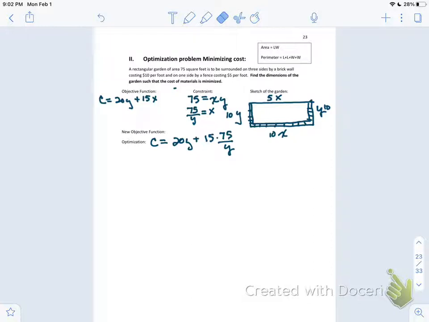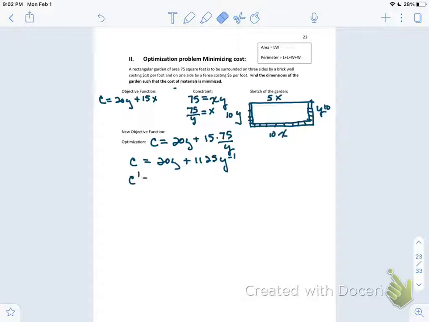So let's continue. Cost is going to equal 20y plus, 15 times 75 is what? 1125, and then bring this y up.